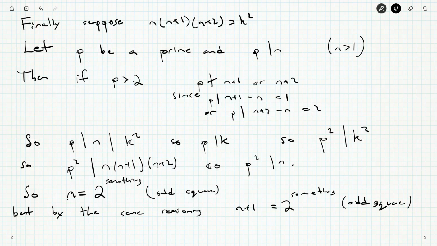The same sort of reasoning works for all of them. We can do the same thing with n plus 2, well, by the same reason, it would also work for n plus 2, right?